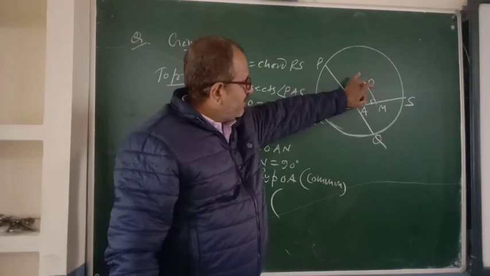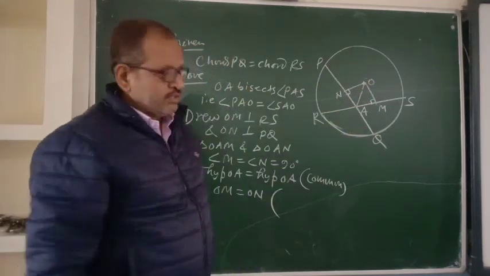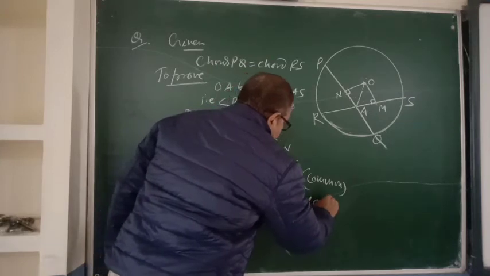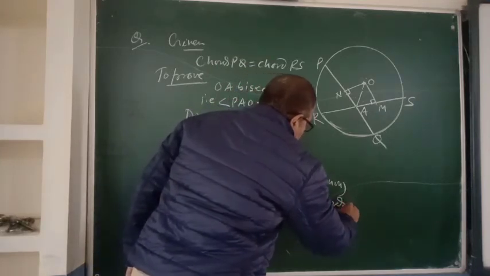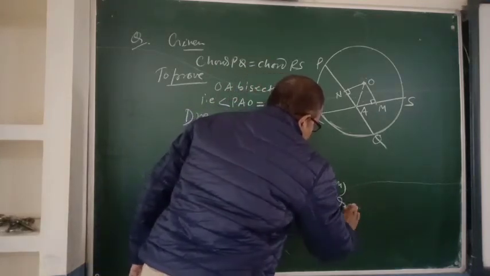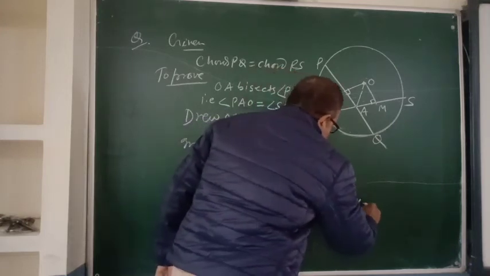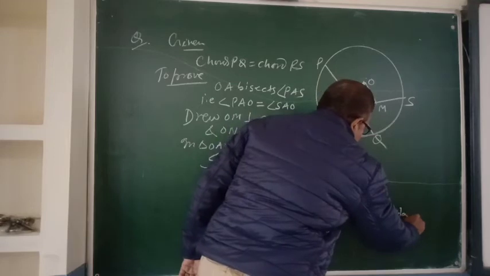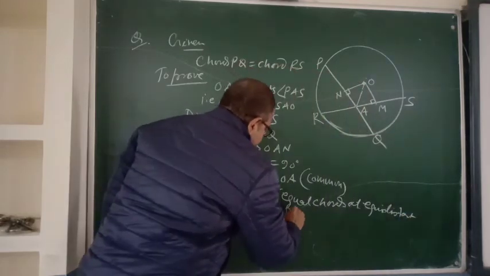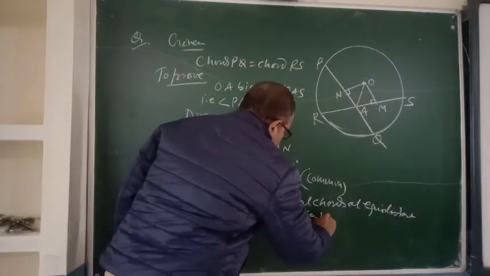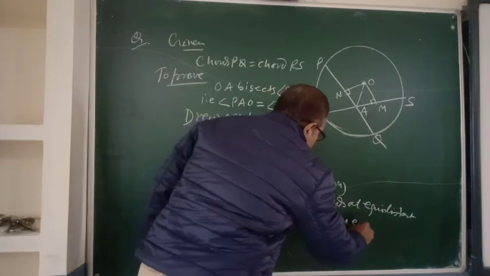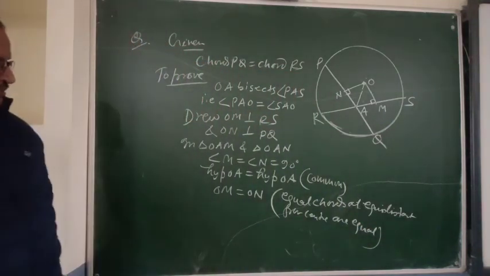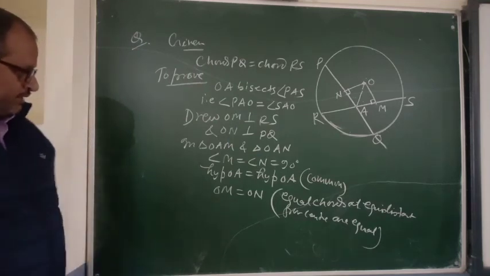That's why OM and ON will be equal. Equal chords at equidistant from the center are equal.